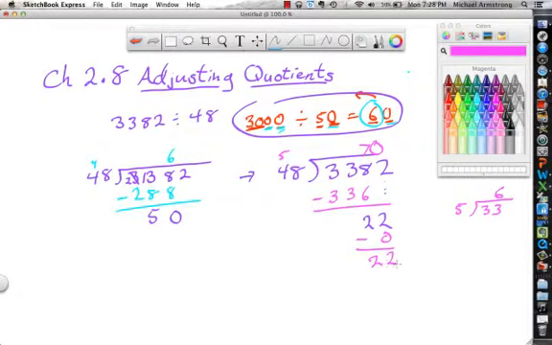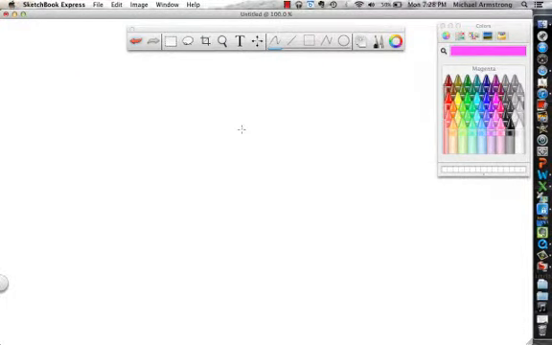You still have 22. So your remainder then is 22. See how that works? I'm assuming we're still going to use remainders. Okay, so that's one of the examples. We're going to look at several, and hopefully I'm not going too slow for you. I sort of feel like I am.